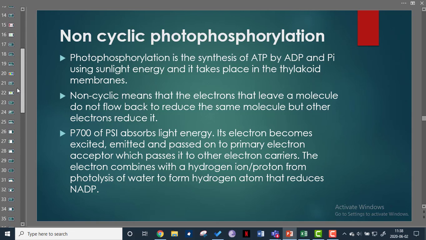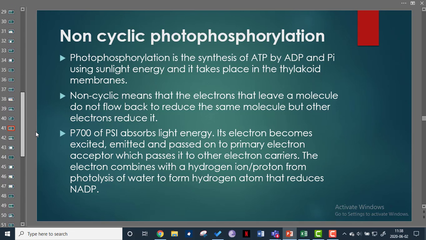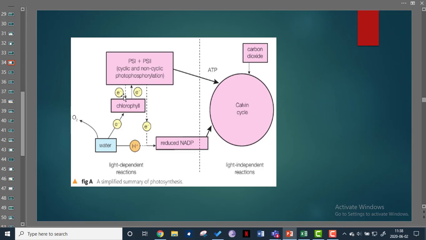Now, I'll take you to one of the slides that we looked at in our previous session. This one here, where we were saying that the electrons from photosystem 1 combine with hydrogen ions from water.